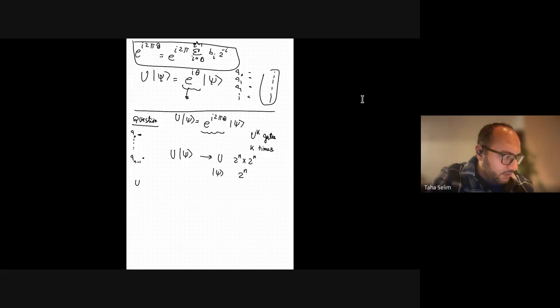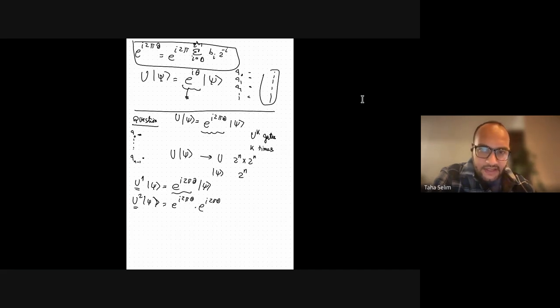Now U^1 acting on psi equals e to the power i 2 pi theta acting on psi. If we have U^(2^2), then we just square this one, so we get e to the power i 2 pi theta times e to the power i 2 pi theta, acting on psi. And this means that I get e to the power i 4 pi theta acting on psi.